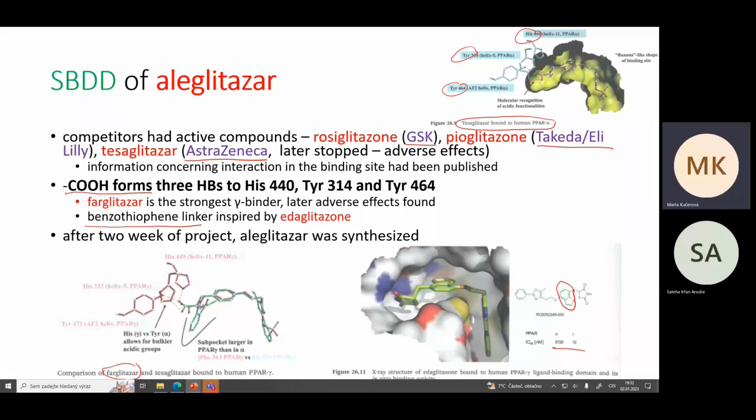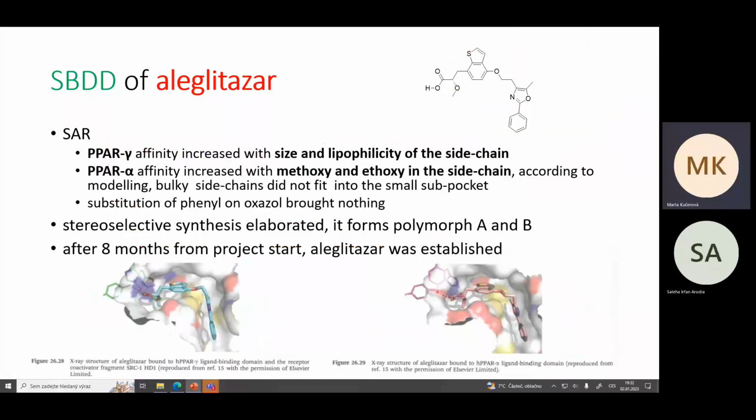And Boehringer Ingelheim company was able to develop, well, I would guess this is a record, excellent time, only 2 weeks, to synthesize aleglitazar that then became an efficient drug.